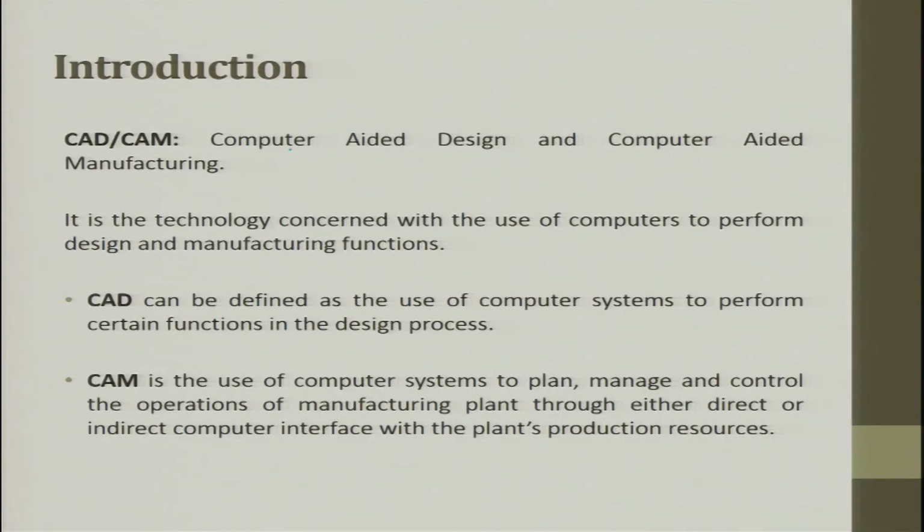CAD and CAM are nothing but computer aided design and computer aided manufacturing. It is the technology concerned with the use of computers to perform design and manufacturing functions. So, this design, as I said earlier also, will involve drafting. On top of drafting you will have analysis, simulation and optimization.